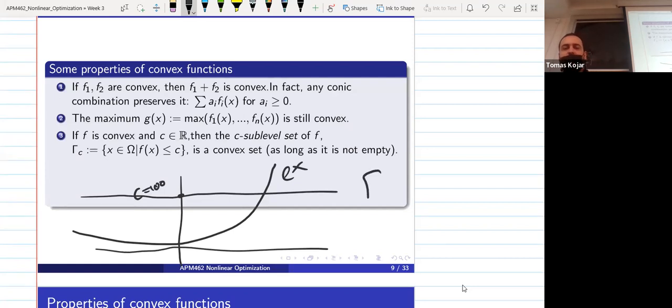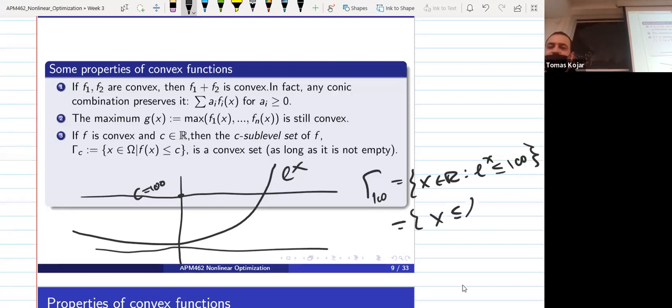What is gamma 100? The x in R so that e to the x is less than 100? Yeah. So these are all the x's less than log 100. Do you understand?